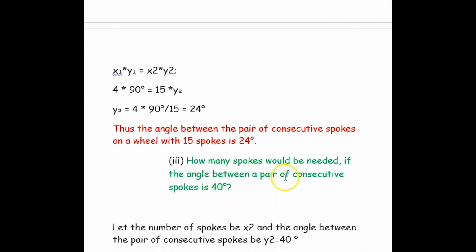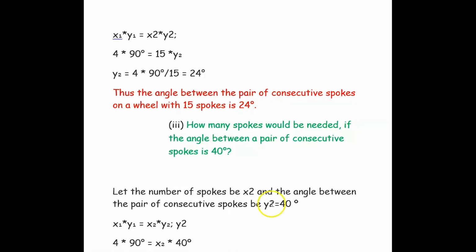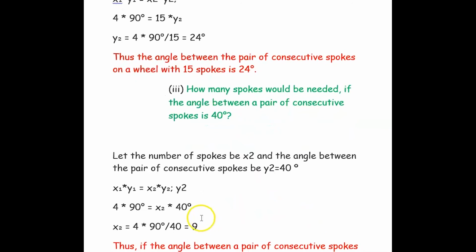Next question is, how many spokes would be needed if the angle between a pair of consecutive spokes is 40 degrees? Here they have given the angle, so we want to find the number of spokes. We have taken the angle as y. So let's take y2, the given angle, as 40 degrees, and the corresponding x2, that is the number of spokes, we want to find out.